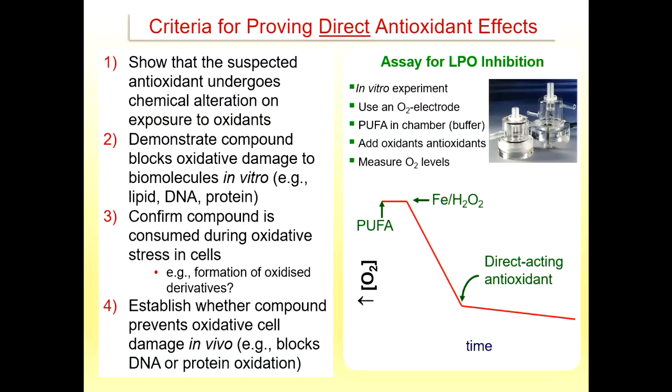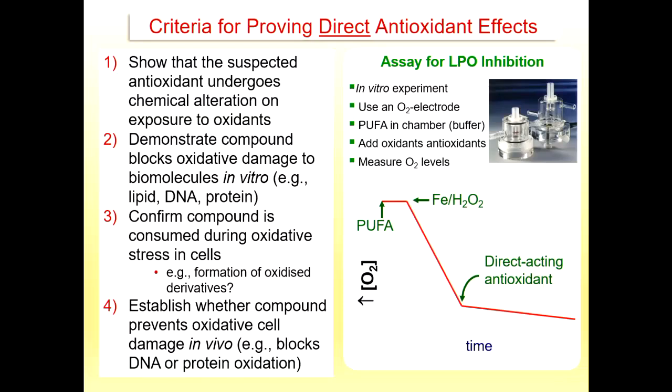Then you need to show that adding your antioxidant slows down the rate of oxidative damage to the polyunsaturated fatty acid and slows down the rate of oxygen consumption. So that's one of the ways of proving that your molecule really is an antioxidant, that it acts sacrificially and spares the lipid.